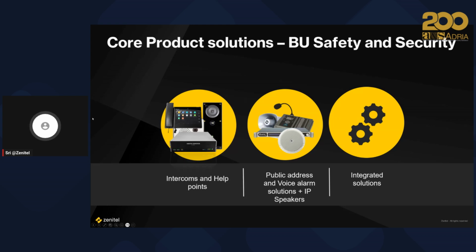In addition, we also offer a comprehensive public address and voice alarm system, allowing one-to-many communication, such as broadcast communication. Our PAVA portfolio, as you see here in the middle, offers voice alarm messages during an emergency situation such as fire evacuation, and it has been certified for integrating with fire alarm systems.